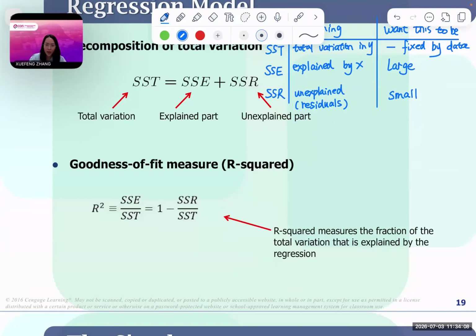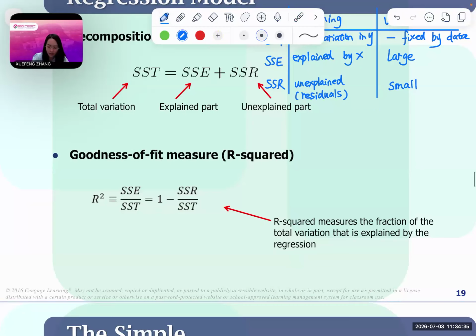The formula in plain English: what fraction of the total variation in Y is explained by X?